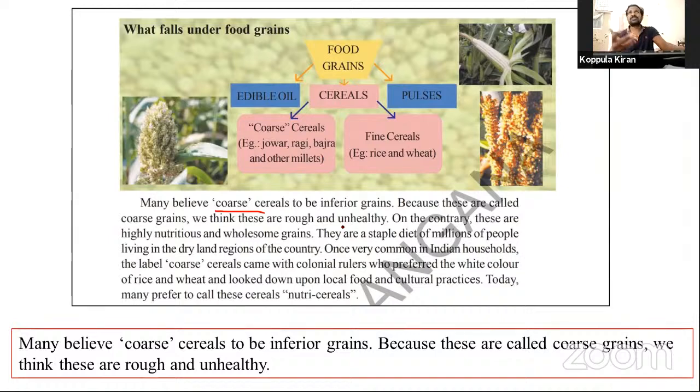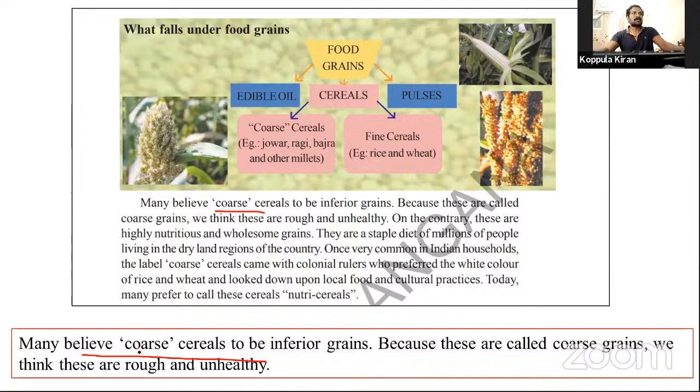They thought there is no nutrition, so they neglected them, particularly in the British period. Colonial rulers did not accept them. They preferred only white colored food, that is paddy and wheat. So they were neglected. After that, people came to know they are very nutritional food. These are very important.